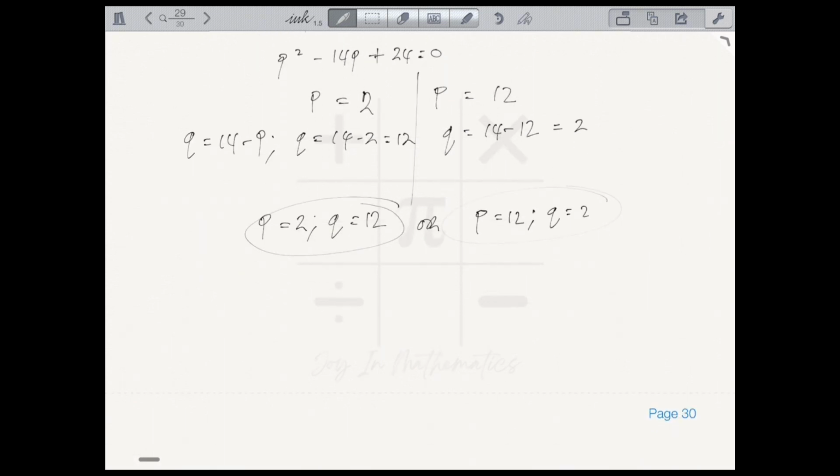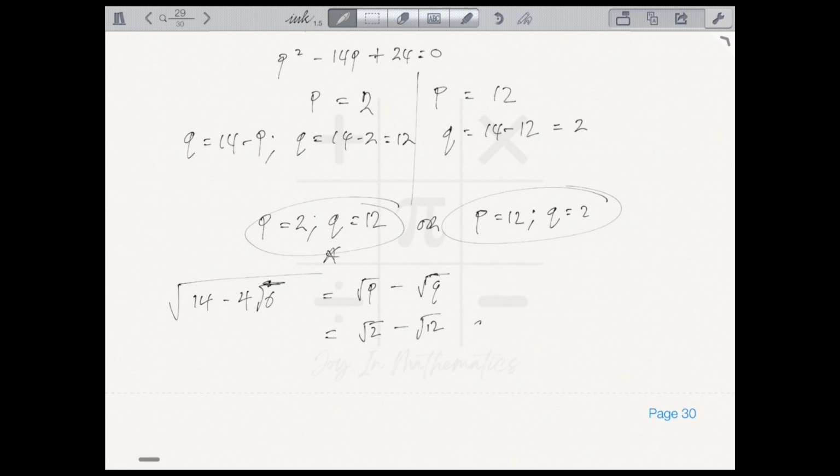Now we recall again that the square root of 14 minus 4 root 6 is written as root p minus root q. Now, because of this negative sign, we are going to have two results. In our previous example, it was positive, so it was commutative. However, here we take the first result and say this is root p, that's root 2, and root q, that's root 12.